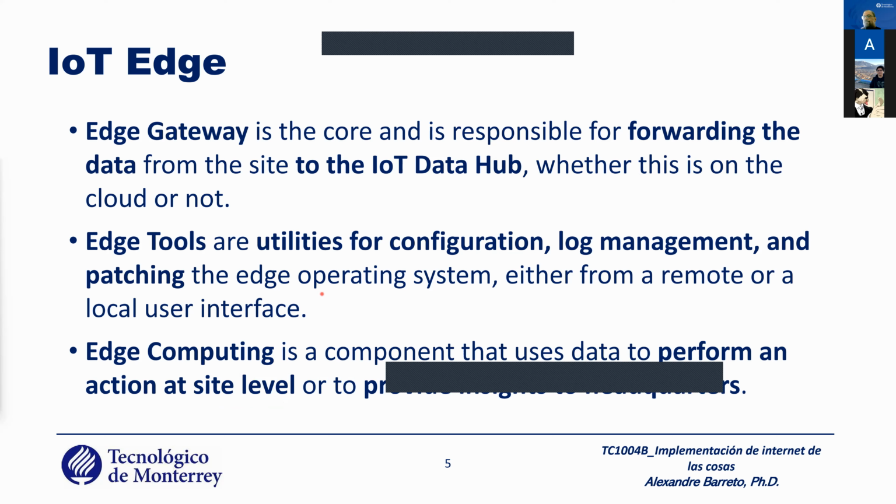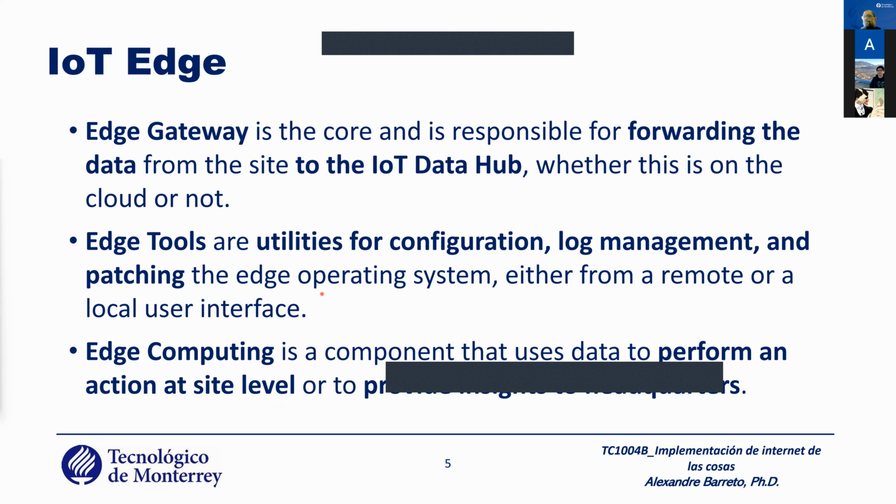This layer has 3 components, okay? The edge tools, the edge computing, and the edge gateway. We'll explain these layers now. The gateway is the core and is responsible for forwarding data from the device to the data hub. The data hub is the entry point of the IoT cloud, okay?